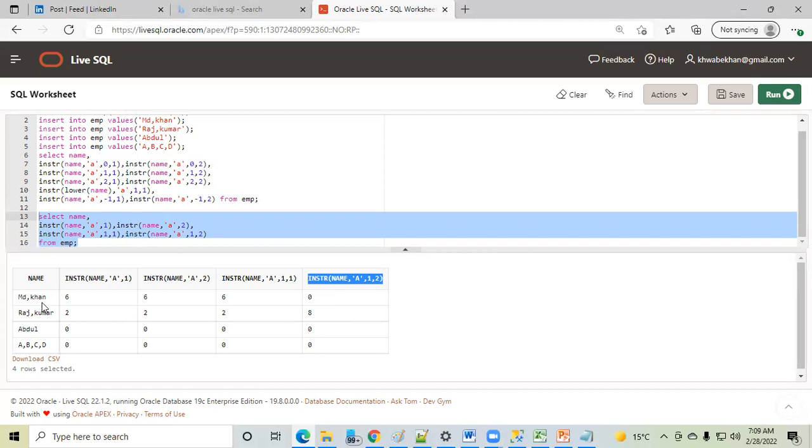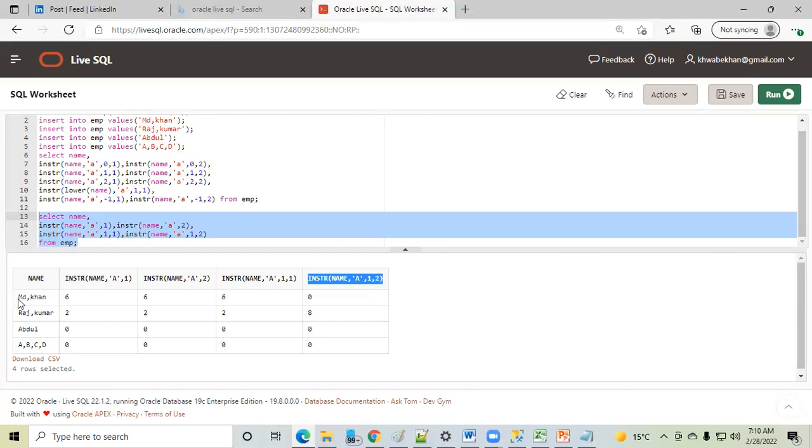But why am I looking for the second occurrence of character a? Earlier I was looking for the first occurrence, but here why the second? Because I mentioned in the fourth argument, and you can see the fourth argument is 2. The fourth argument tells you which occurrence you want. If I have written 2, it means I want the second occurrence.